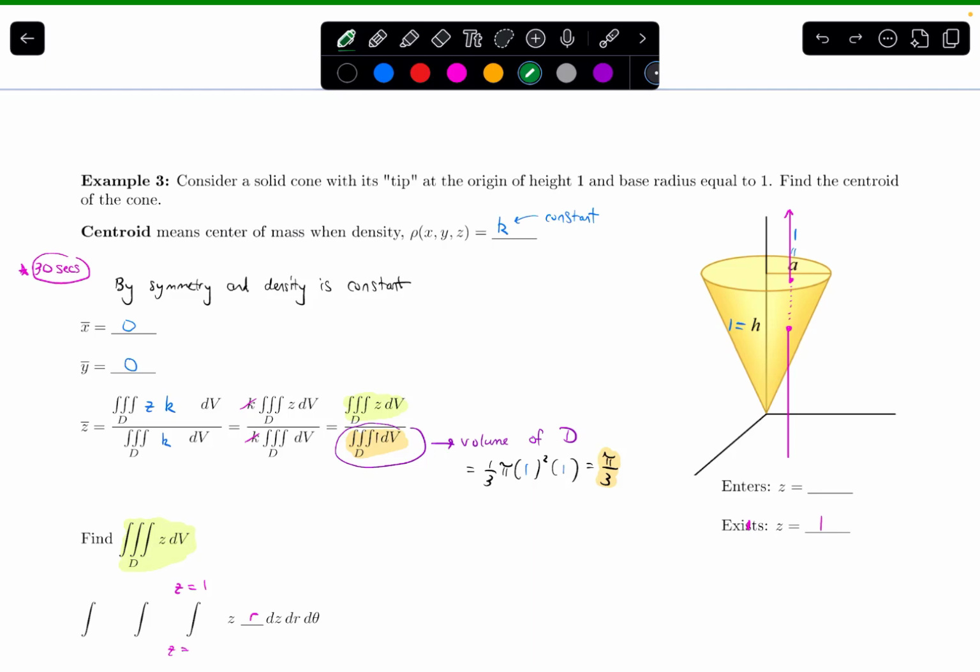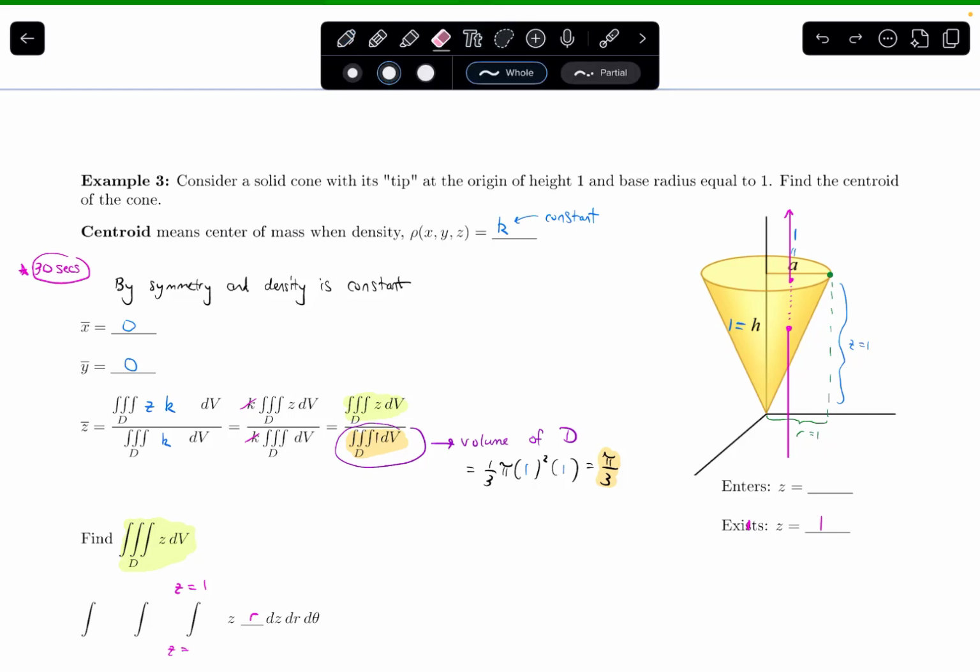Well, if I think about this picture, like this point at the end, for example, I know if I project that down, the distance from the origin to this spot is what we call r. And at least for that one point, r is equal to 1. And this vertical distance represents the z-coordinate, which is 1, at least at this point.